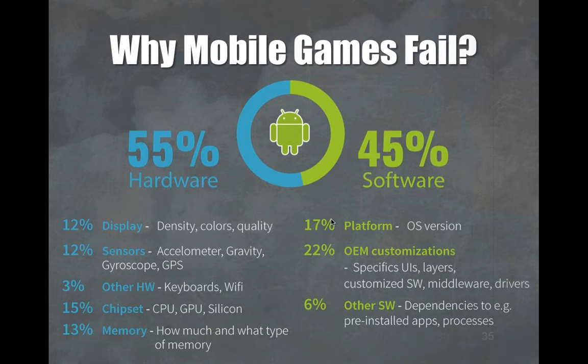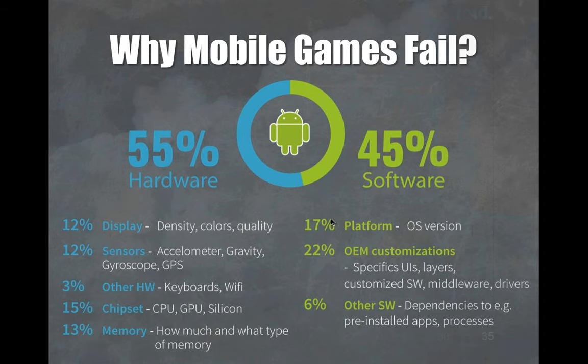And I've been showing this kind of why applications fail, but I wanted to gather some statistics about why mobile games fail, and this was only for Android. Typically, about two-thirds of the issues have been software oriented or related.